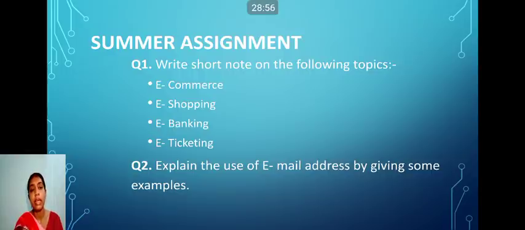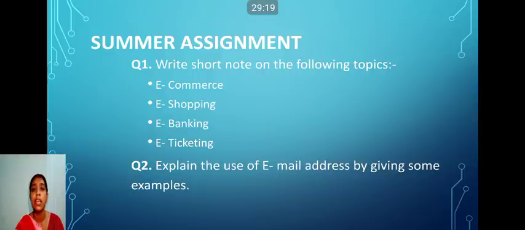Then next is e-ticketing. Here also the same concept as e-banking applies. You don't have to go to the railway station and take a counter ticket. You don't have to stand in line for hours to get a ticket. You can do the reservation using the internet on your laptop, on your phone, or whatever devices you are using.